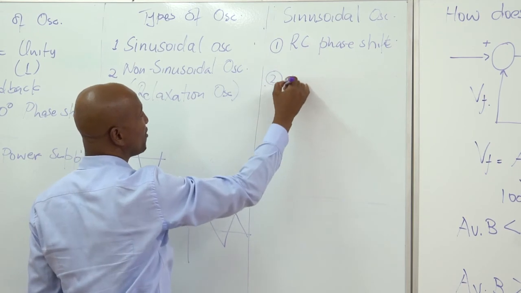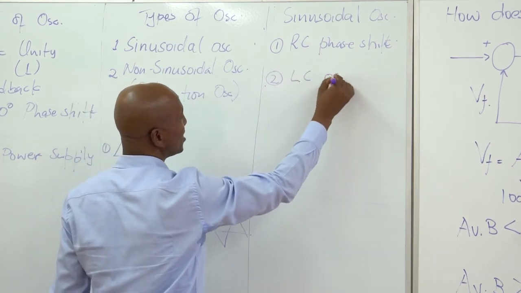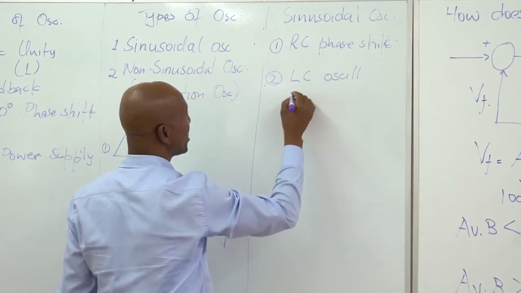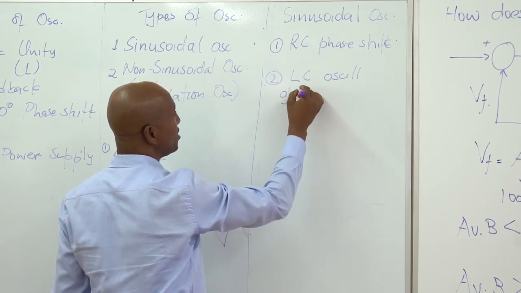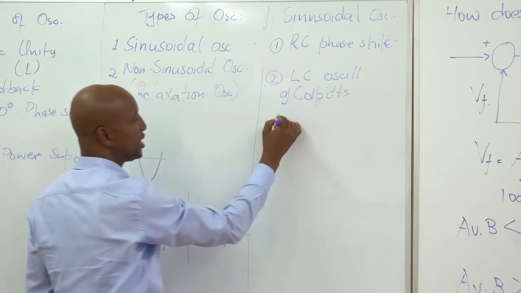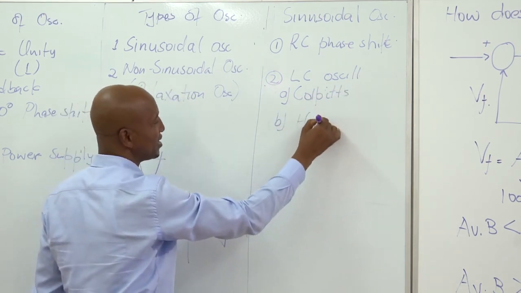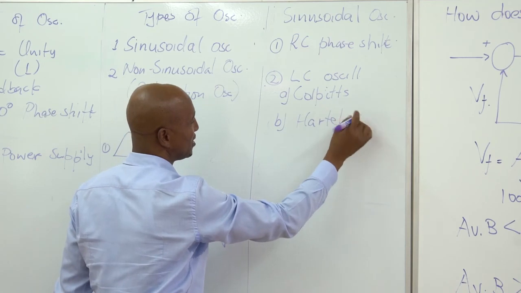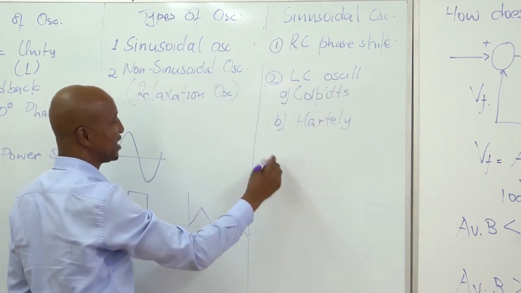Two, we have LC oscillators which can be categorized as A, Colpitts, and B, Hartley. Those are our LC oscillators.